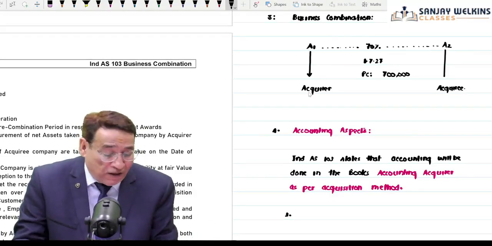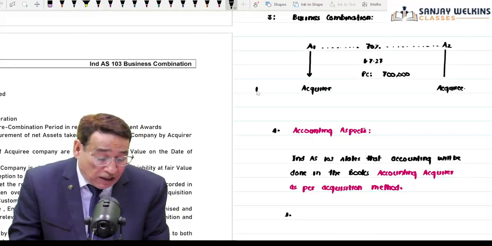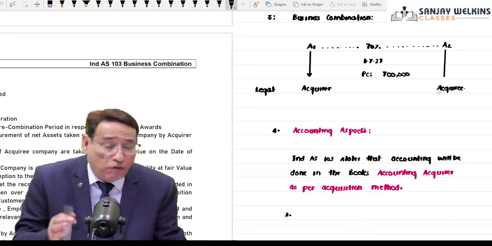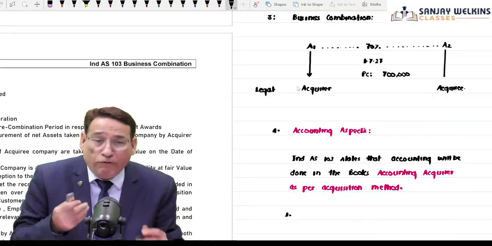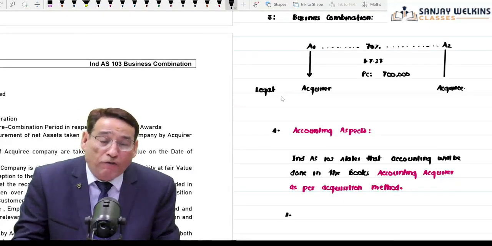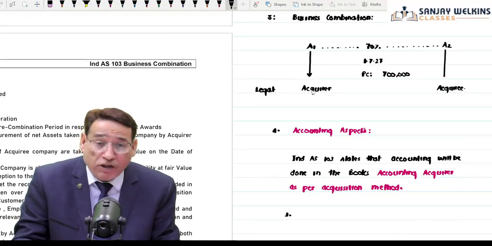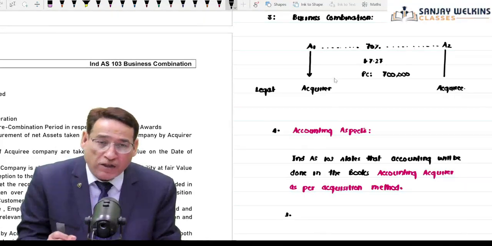When I say acquirer entity and acquiree entity, it is from the legal perspective. A1 will be considered the acquirer entity, while A2 will be considered the legal acquiree company. Generally, when we use the words acquirer and acquiree, we are using them in the parlance of legal.